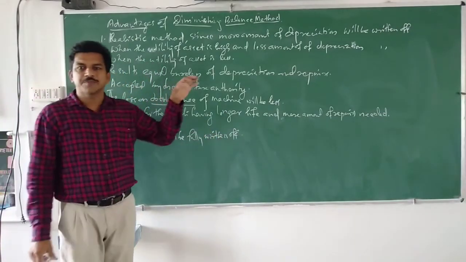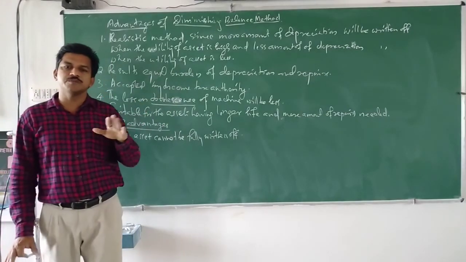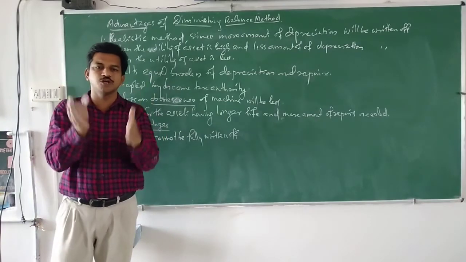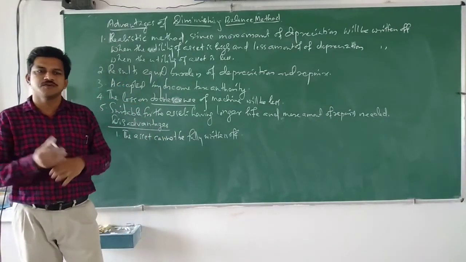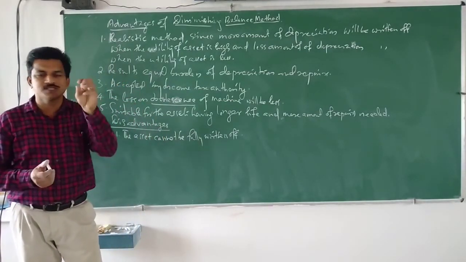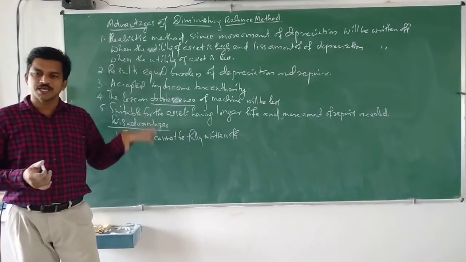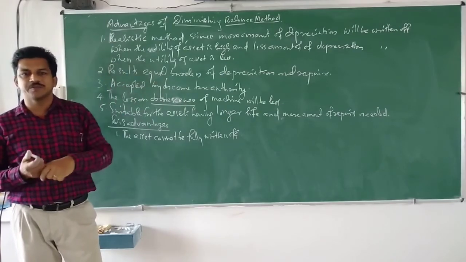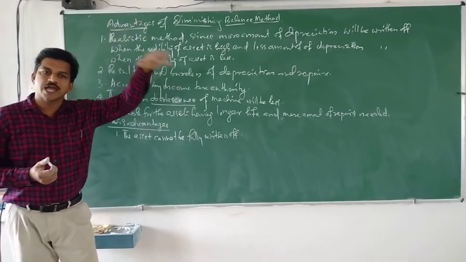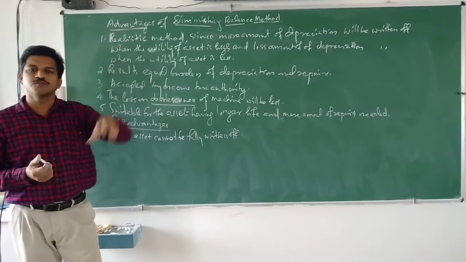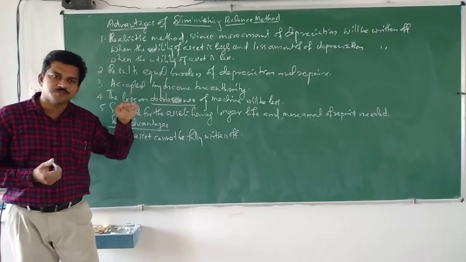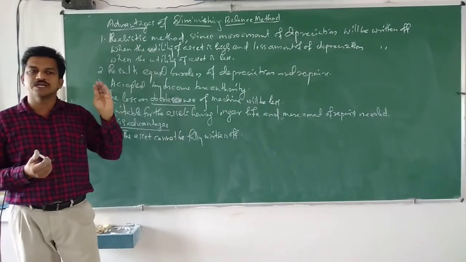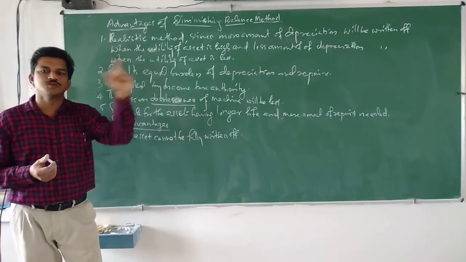Isn't it? That means in the fixed installment method, every year we will be writing off a fixed amount. So at the end of the life of the asset, the value of the asset will be zero or its scrap value. Here, at the end, in the last year, we are writing off a certain percentage of the opening balance. So at the end, suppose it is showing 1000 rupees.